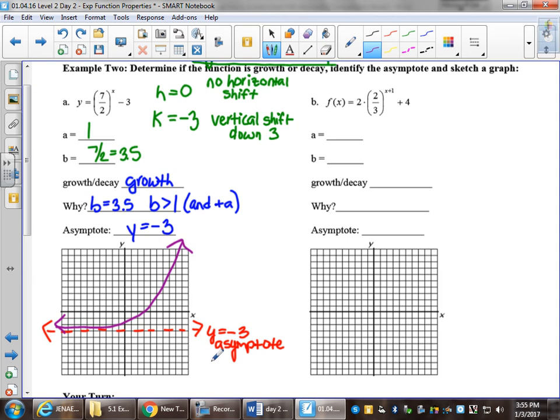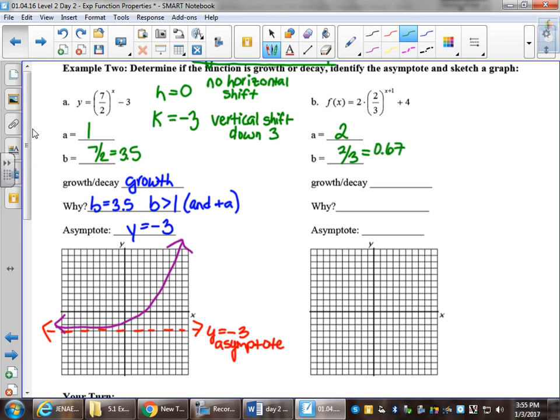Okay, moving on to B. F of x equals A times B to the x. So right there, I know A is 2. A times B. B is 2/3. When in doubt, divide. So 2/3 in your calculators, go ahead and figure that out. 2/3 is 0.67.